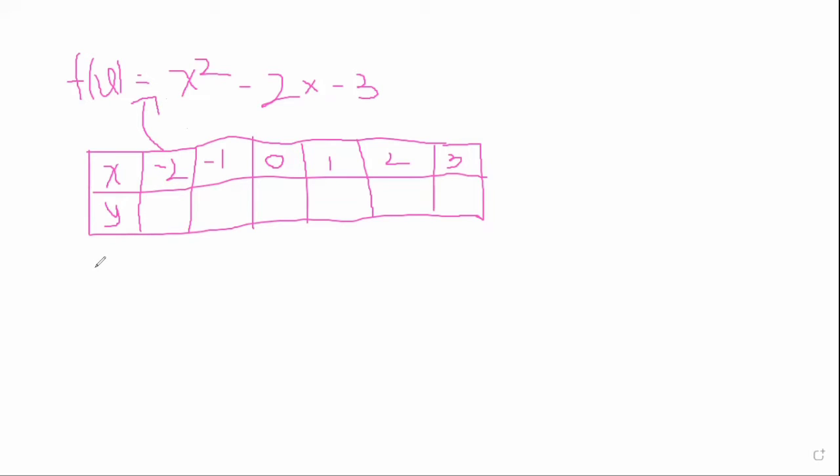If x equals -2, the function to find y is (-2)^2 = 4, minus 2 times -2 is +4, and then -3, and the result is 5.